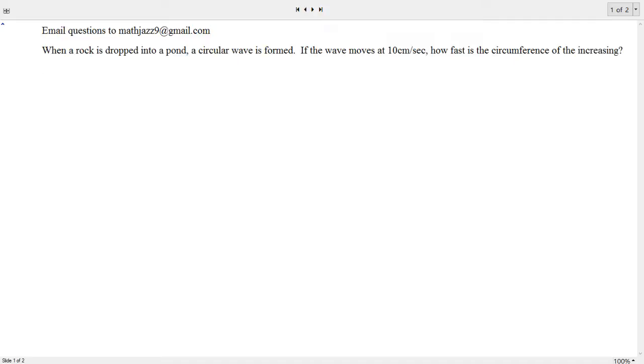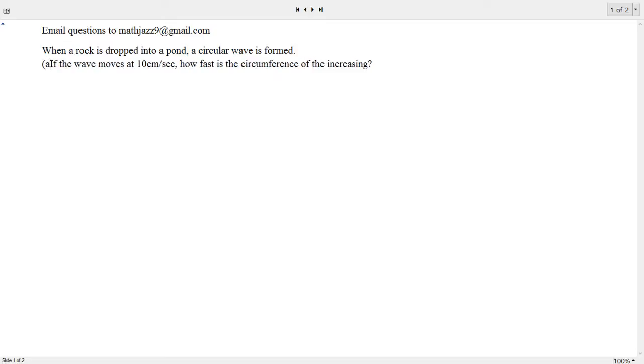That'll be our part A. And part B is: how fast is the area increasing?